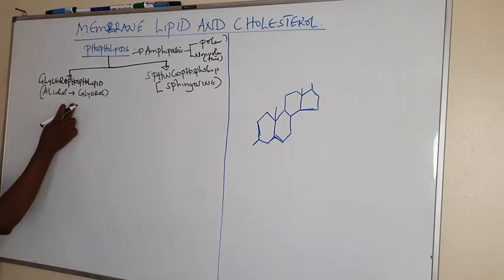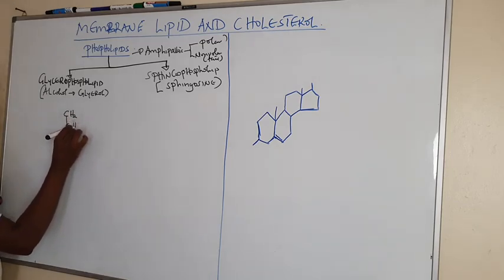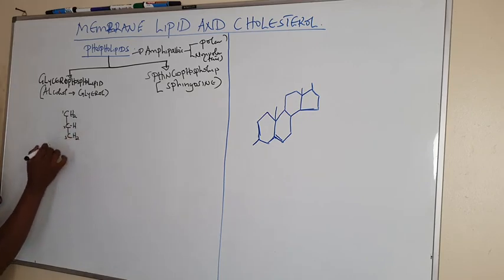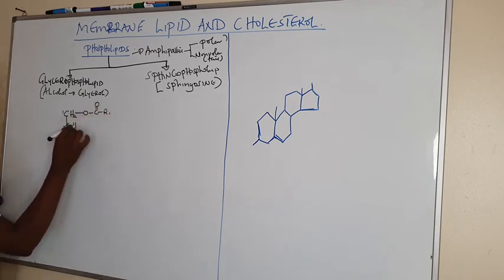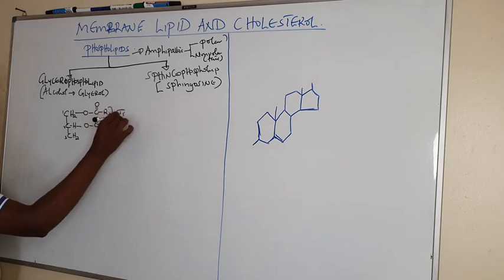And on the brief structure of glycerophospholipids, we are saying that the alcohol is glycerol, and the glycerol has 3 carbons. It's carbon number 1, carbon number 2, and number 3. The first 2 are attached to fatty acids via ester bond. And this forms the tail.